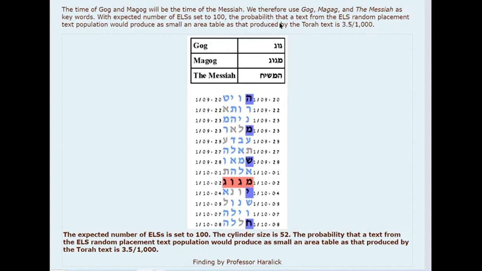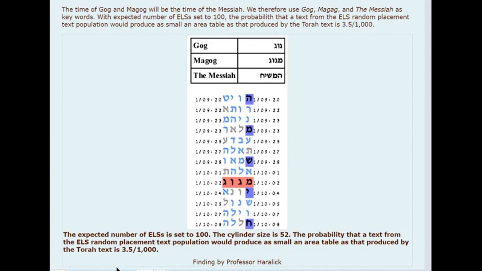The probability that a text from the ELS random placement text population produces a small an area table as that produced by the Torah text is 3.5 to 1,000.